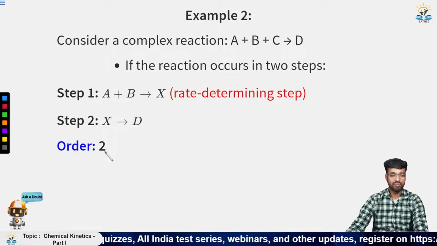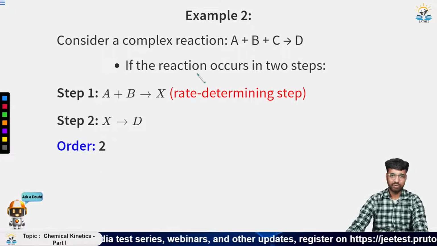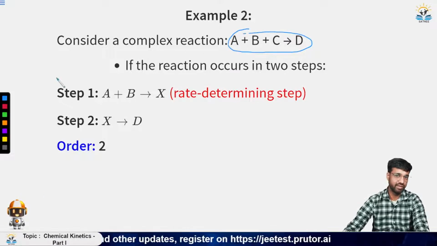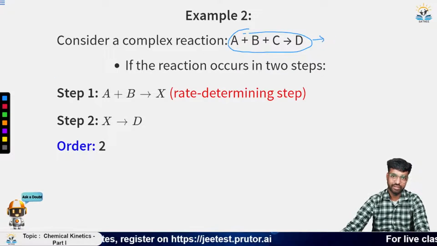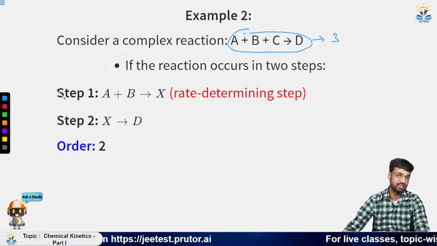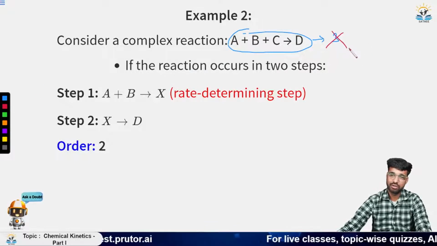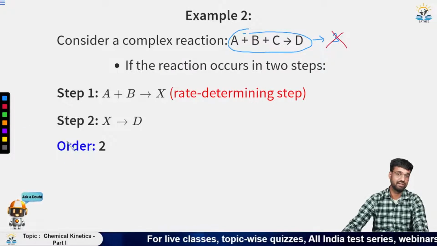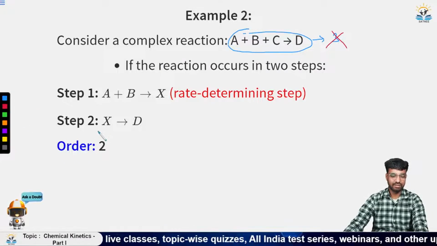Now let us talk about molecularity. We cannot say that the molecularity of this reaction is 3. It will be very wrong to say that the molecularity of this reaction is 3, because molecularity is not defined for any complex reaction, it is defined only for an elementary reaction. Now we will define this molecularity for each and every step.